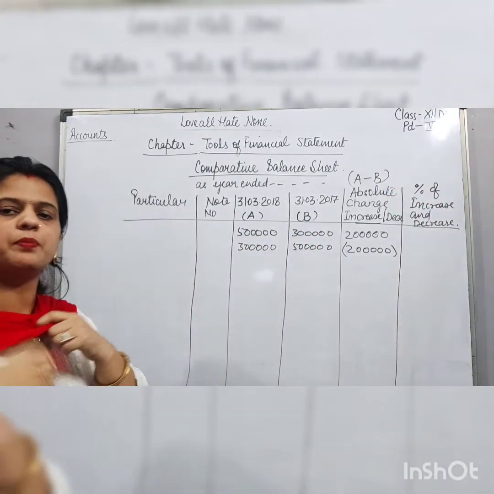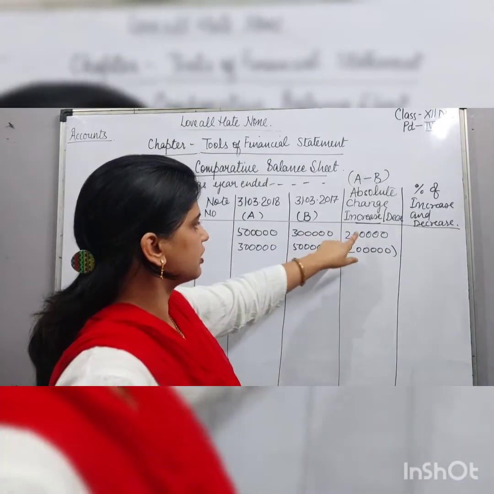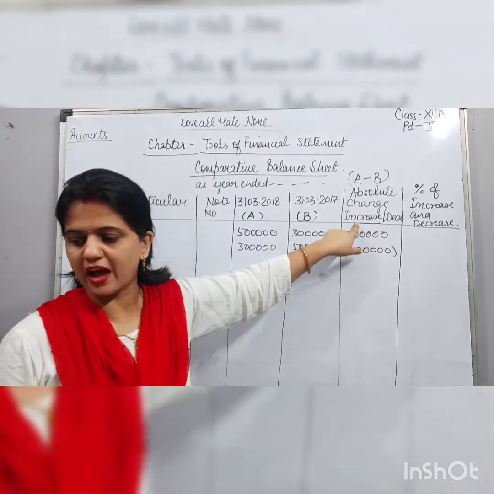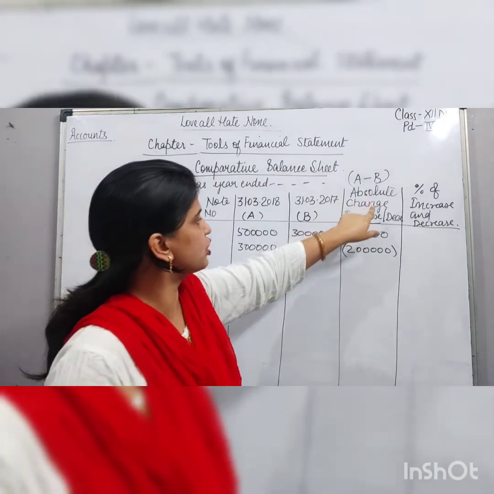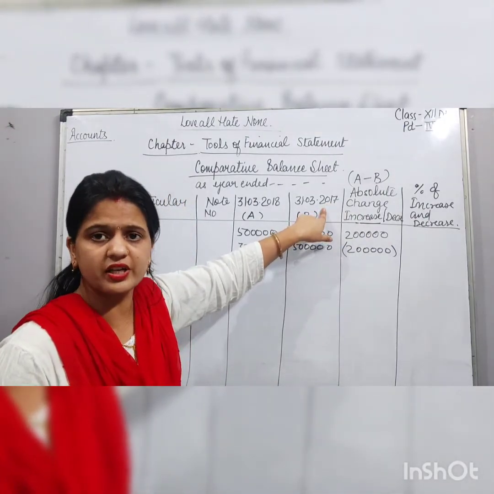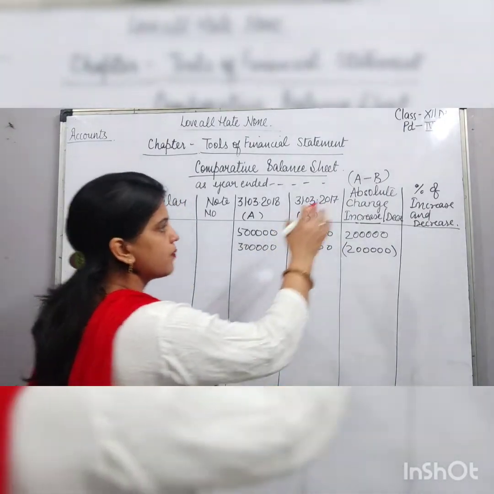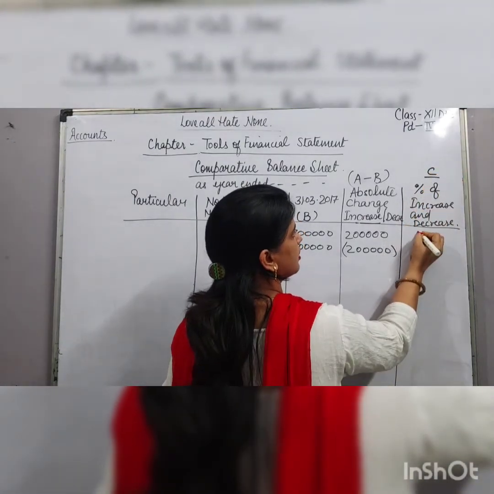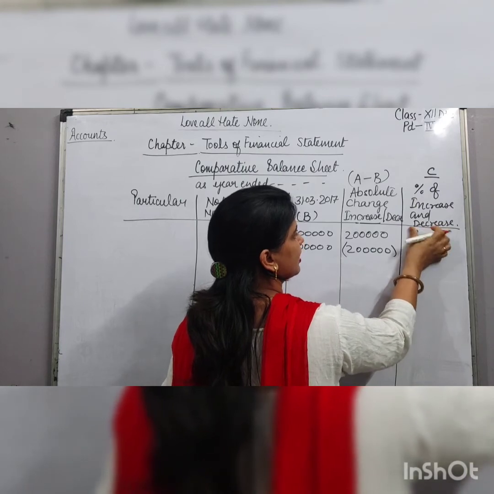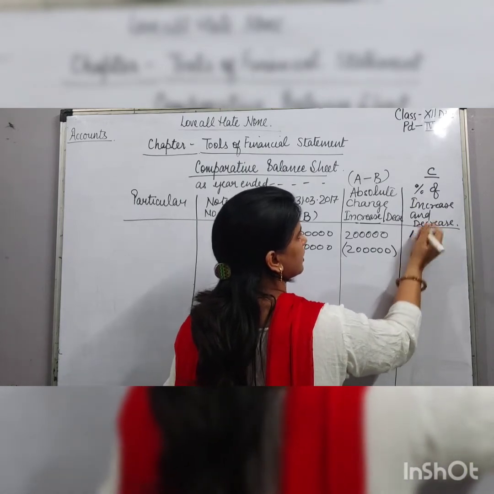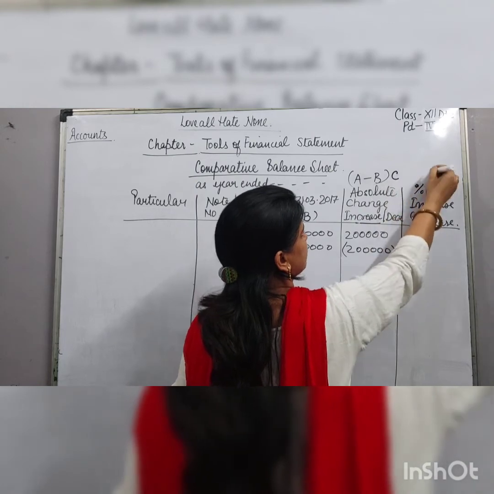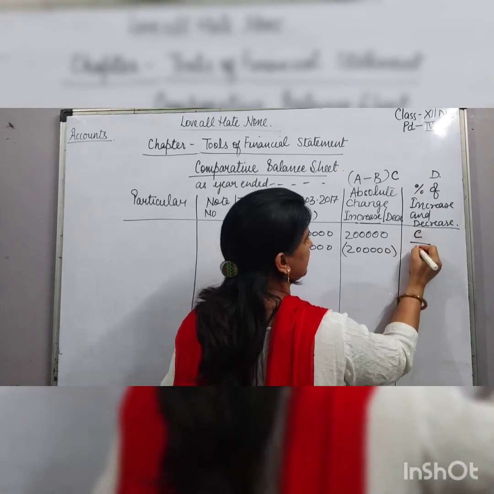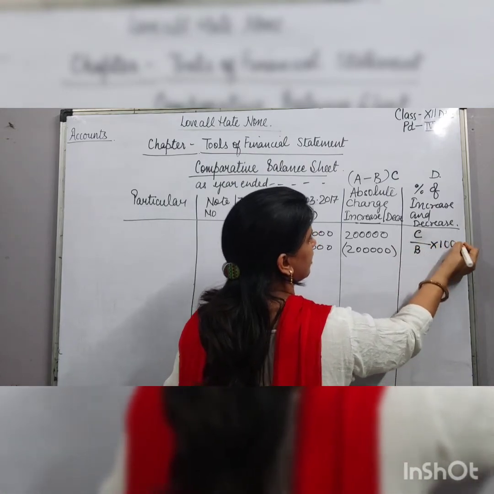For calculating the percentage of change, we take the absolute change and the figure of 2017, the previous year's balance. So the formula: the increase or decrease will be column C and the percentage will be column D. So C upon B into 100.